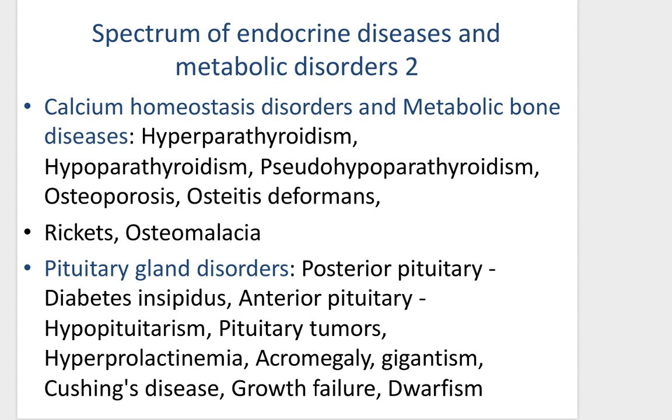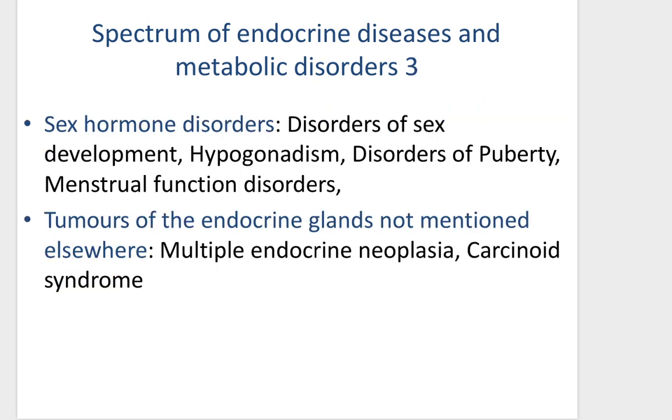Here we include diabetes insipidus, and the anterior pituitary, a range of disorders like hypopituitarism, pituitary tumors, hyperprolactinemia, acromegaly, gigantism, Cushing disease, growth failure, and dwarfism.